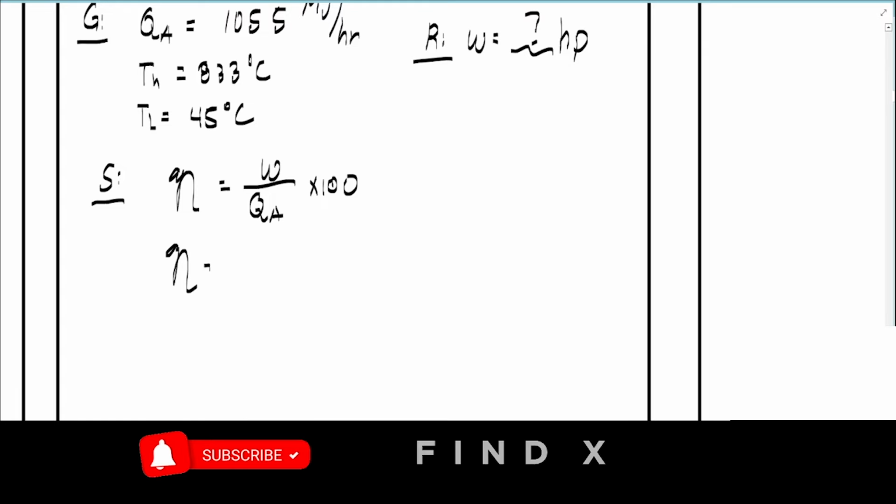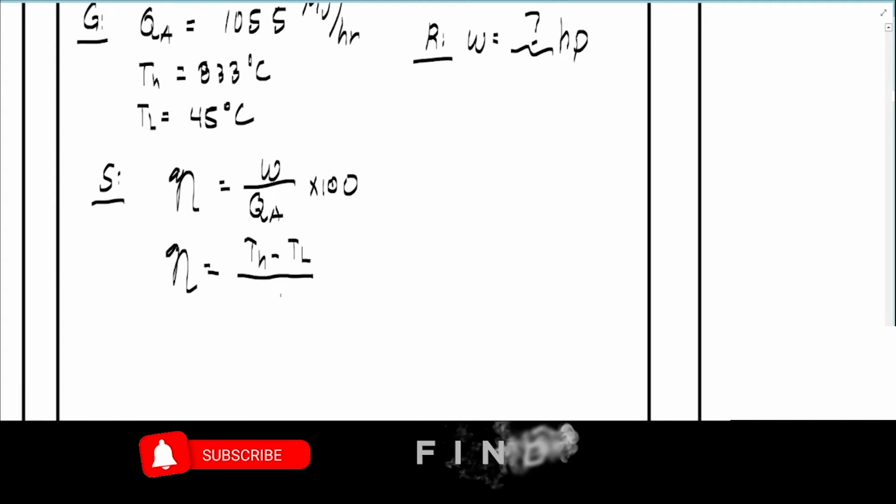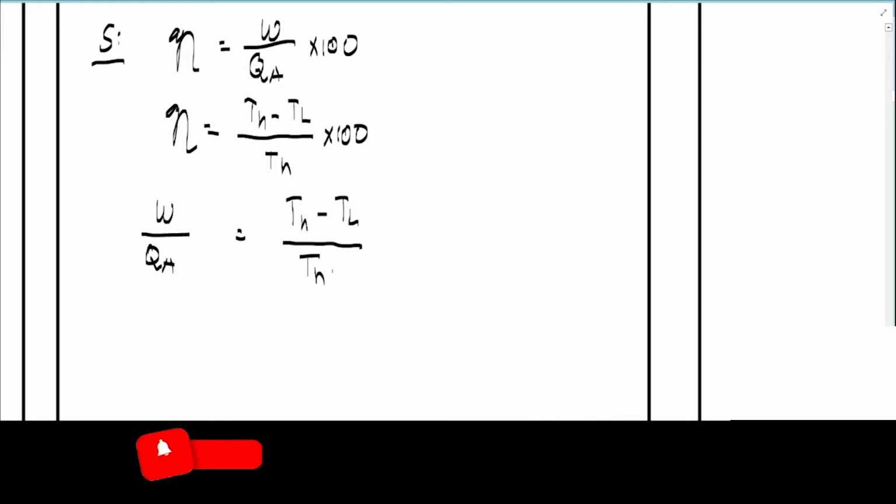We also have the thermal efficiency is equal to TH minus TL all over TH times 100. Now, equating those two, since they are both equal to efficiency, you'll have W over QA equal to TH minus TL all over TH.